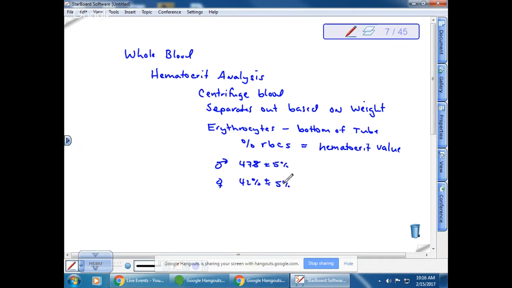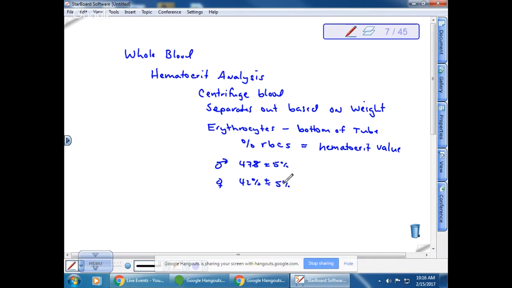What that means is males have a slightly higher red blood cell count than females. They have more red blood cells. One possible reason for this is levels of testosterone. Testosterone seems to influence the production of red blood cells a little bit. We're going to talk about the main hormone that influences it. So males tend to have a slightly higher hematocrit value than females.